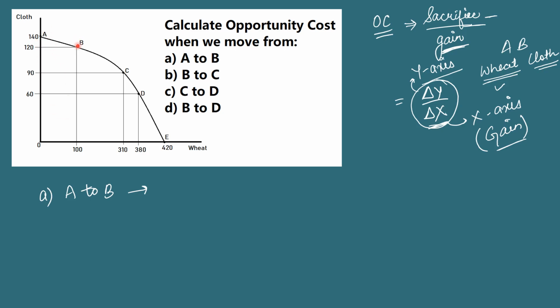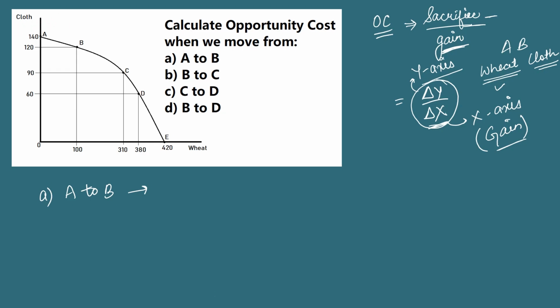So when we move from A to B, to produce 100 units of wheat, the producer can produce only 120 units of cloth, which means the producer is giving up units of cloth to produce 100 more units of wheat. Or you can say to increase production of wheat from 0 to 100 units, the producer has to decrease his cloth from 140 to 120.